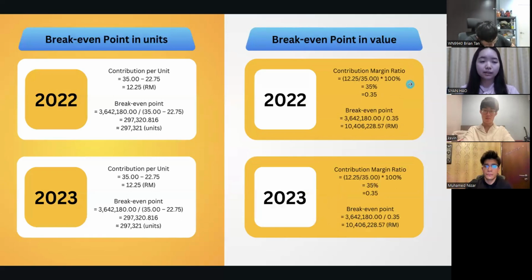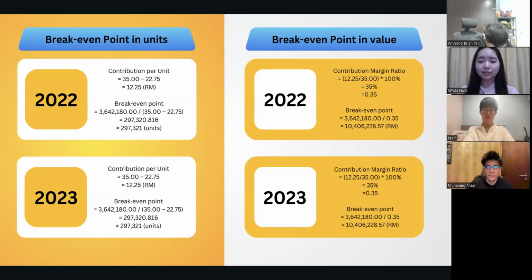So to calculate the break-even point, we need to substitute the data obtained from Table 1 into the formula, and we can get the contribution per unit equal to 12.25 ringgit. The break-even point in units is approximately equal to 297,321 units.